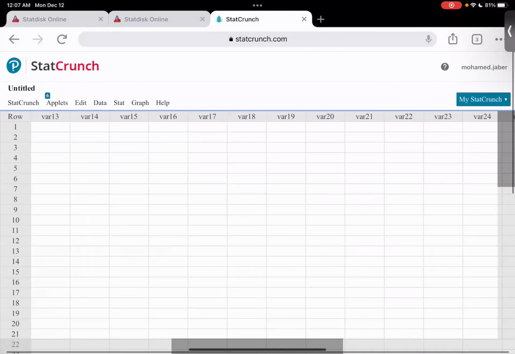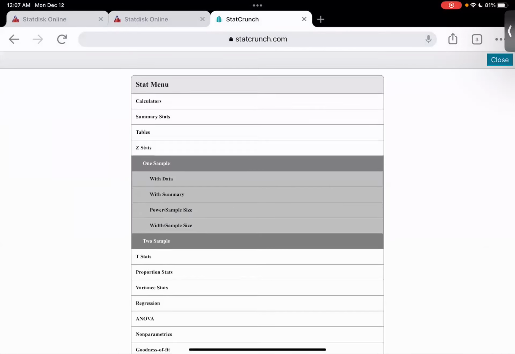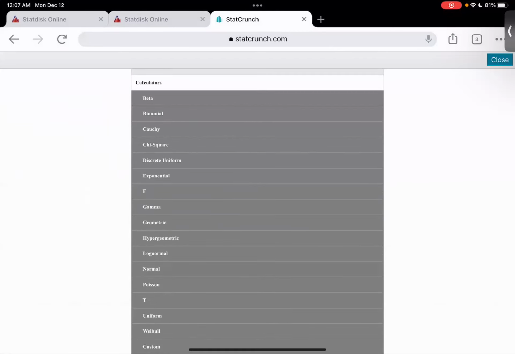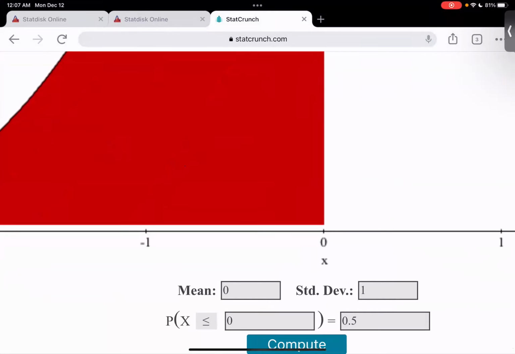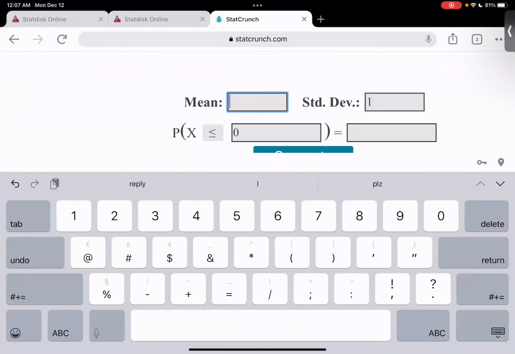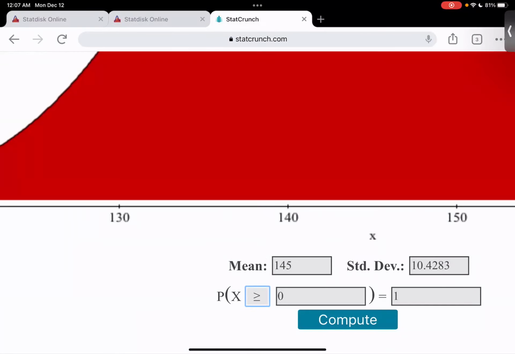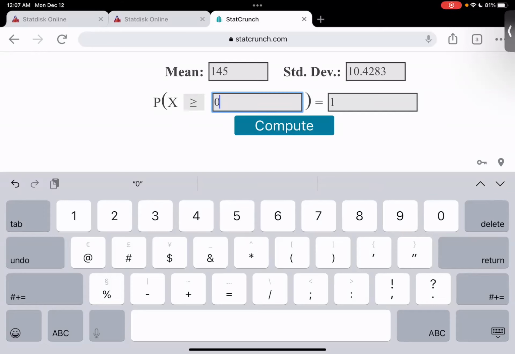Let's go to StatCrunch, go to Stat, go to Calculators, and then go to Normal distribution. Here we have mu equal to 145, and standard deviation 10.4283, and this is greater than or equal to 151.5.